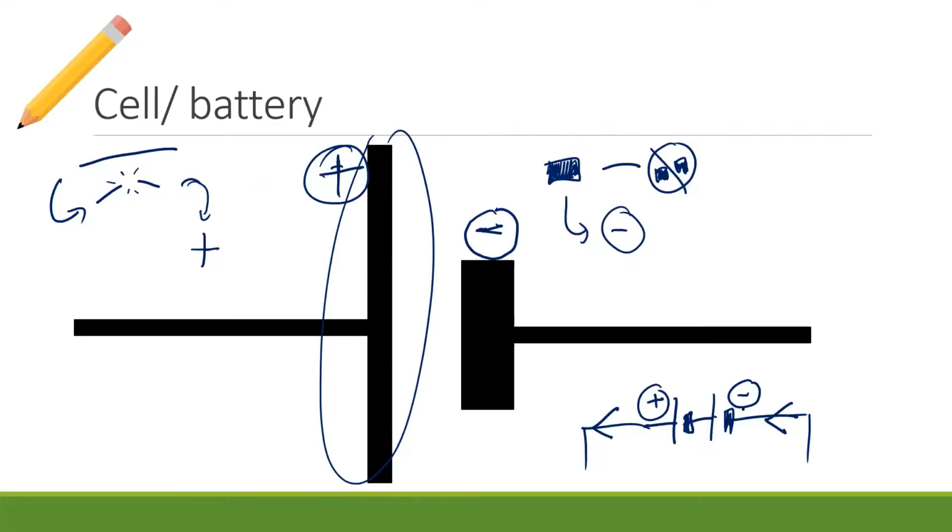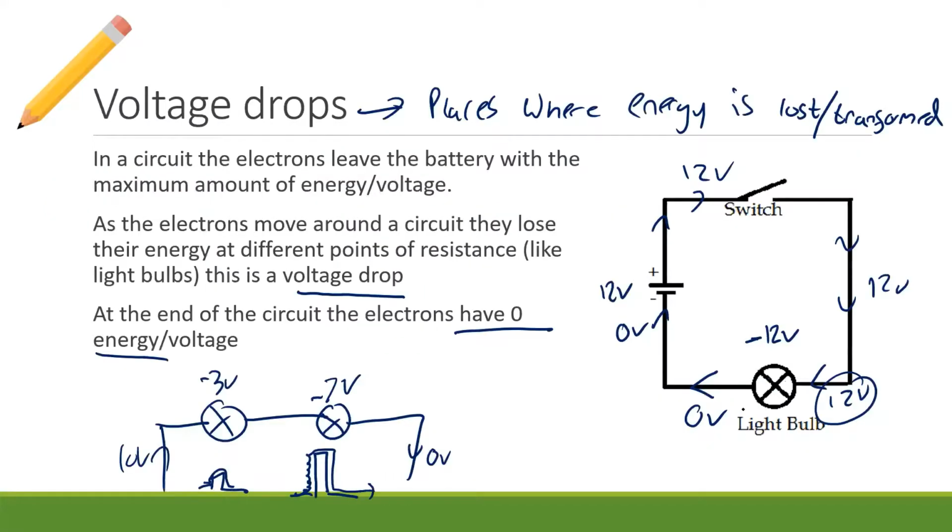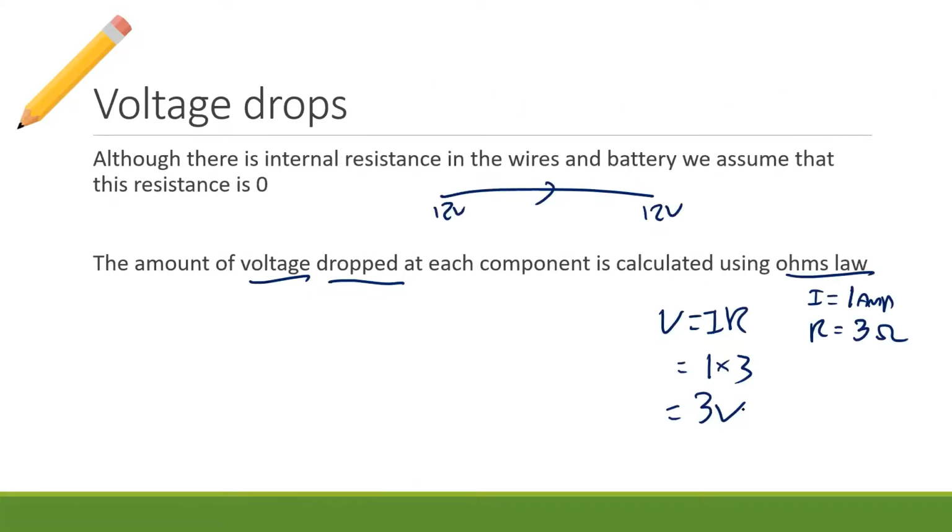The negative part of a battery is the small fat side. Voltage drops are places where electrons lose their energy, like in a light bulb, a motor, or a speaker. They lose enough energy so that when they get back to the battery, they have no voltage left. Last, the wires have 0 resistance, and the amount of voltage dropped at each component is calculated using Ohm's law.